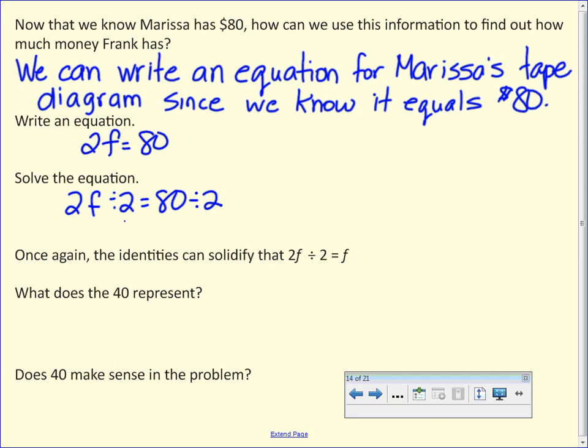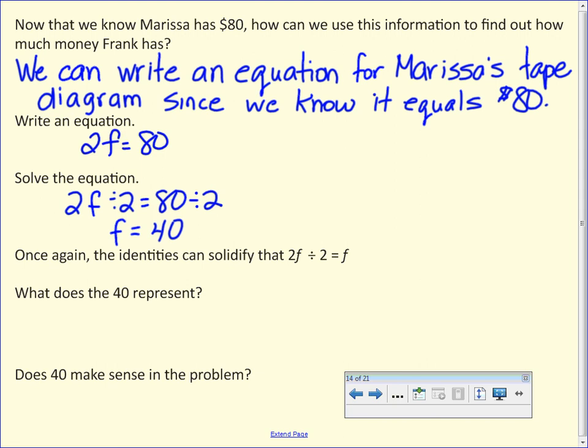On the left side, that leaves me with F, and on the right side, that leaves me with 40. I can prove that because the identity property tells me that when I take F and multiply it by 2 and then divide it by 2, that brings me right back to F again.